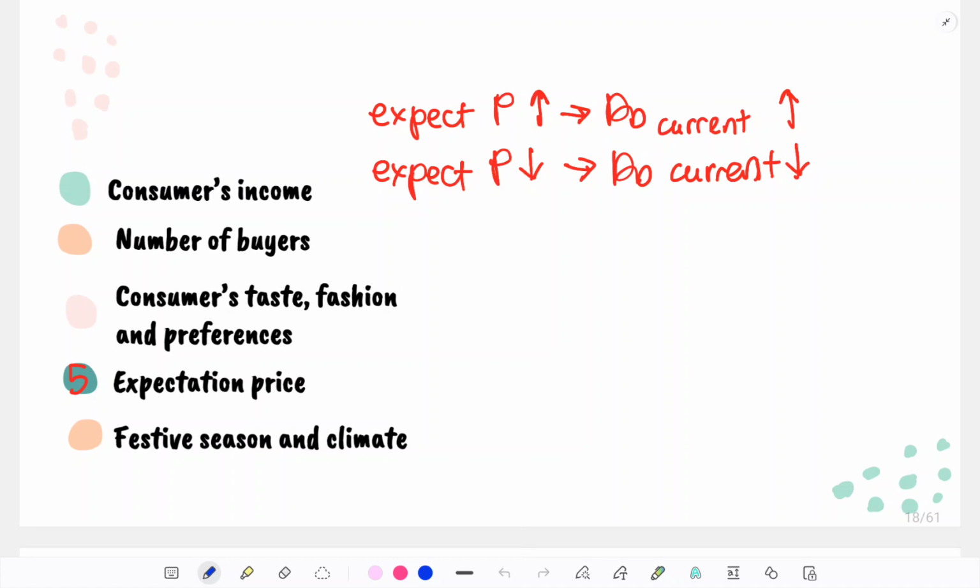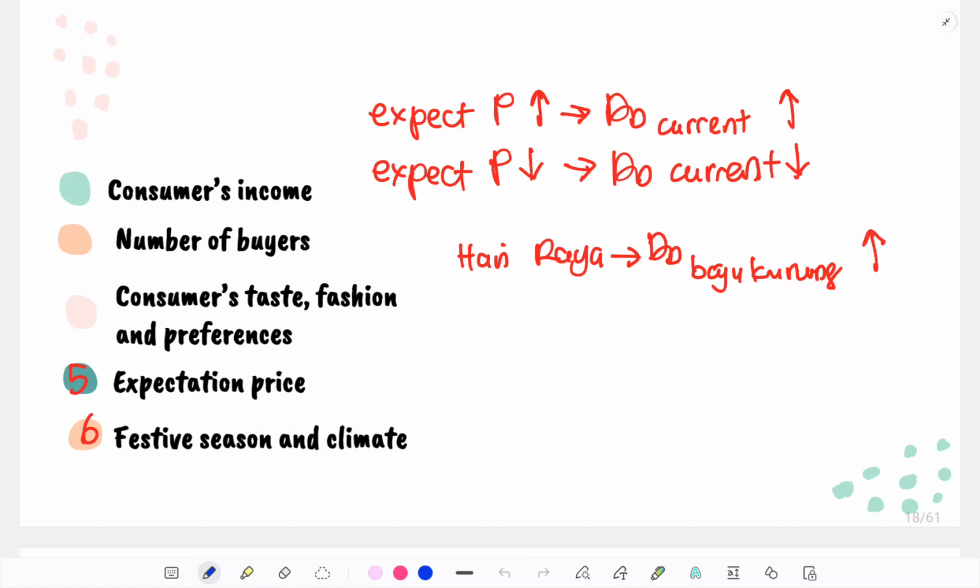The sixth factor that influences our demand is festive seasons and climate. During certain seasons people will tend to buy more specific goods. So this factor will influence selected items only. For example, during Hari Raya, demand for cookies, baju kurung, baju Melayu, and decorative lights will go up.